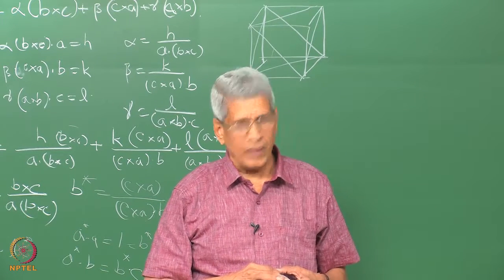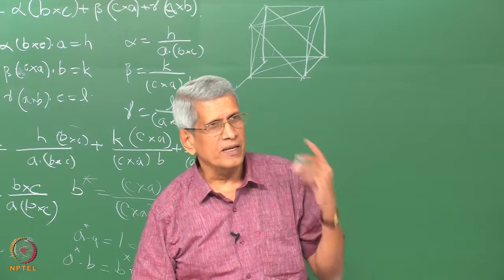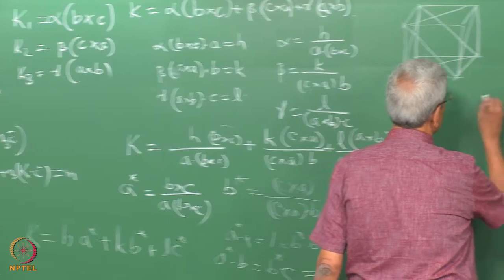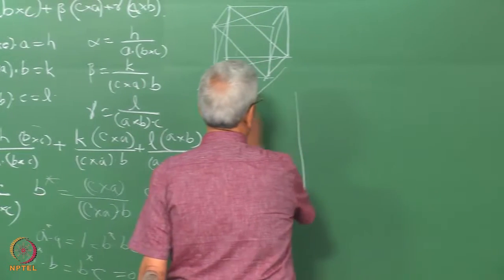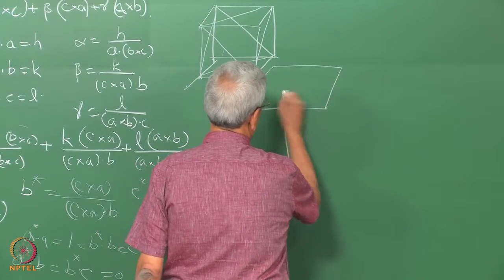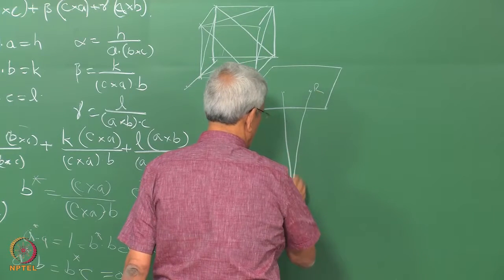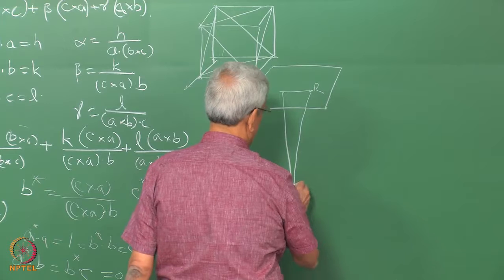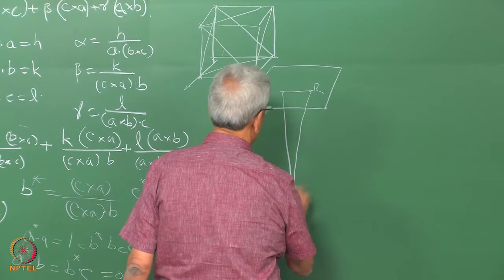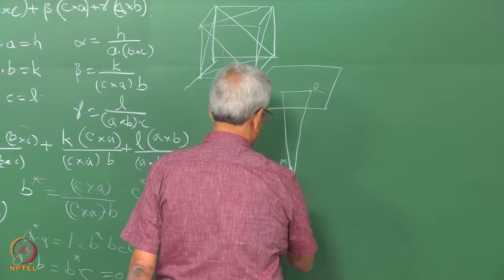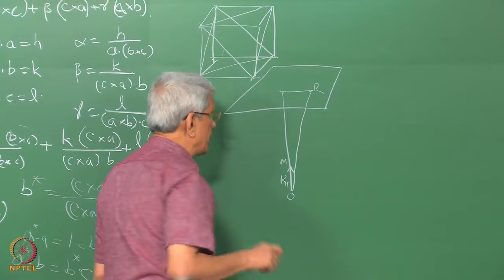Any doubt? This is equivalent to, suppose I take a plane like this. This is a point R in real space, and from here I take OM to be k1.